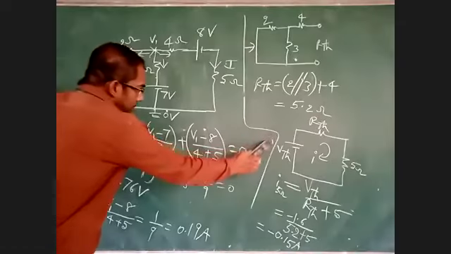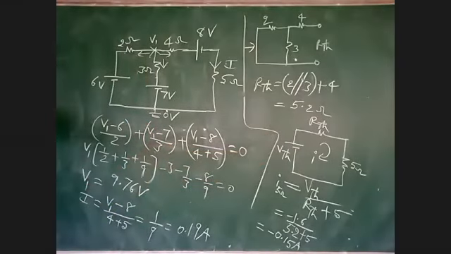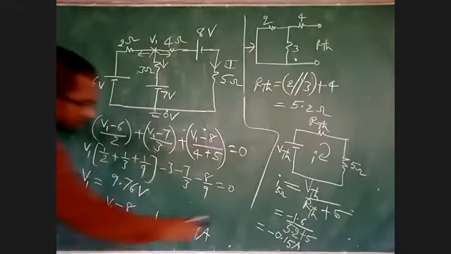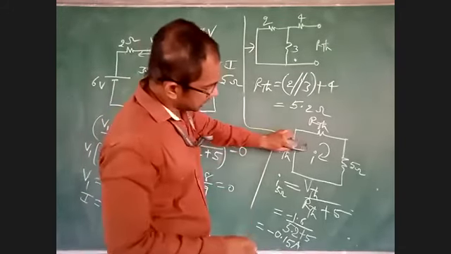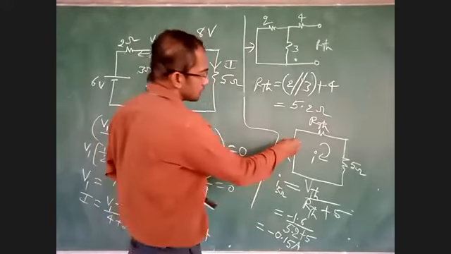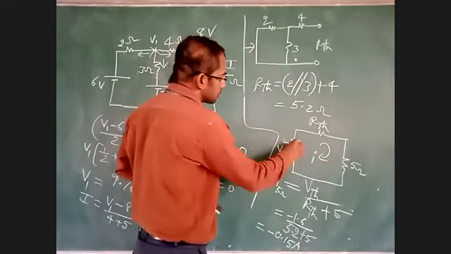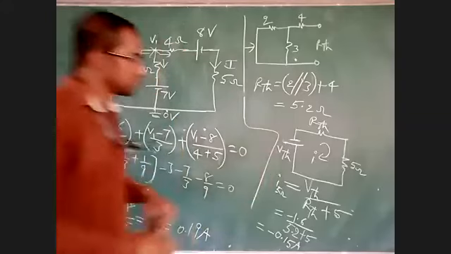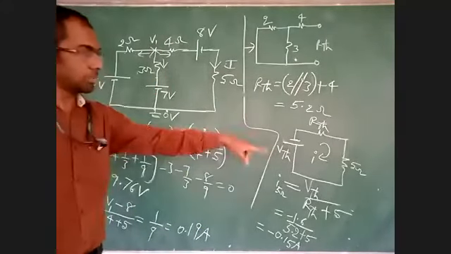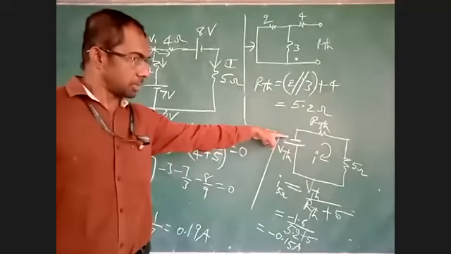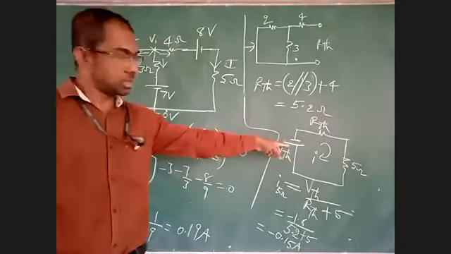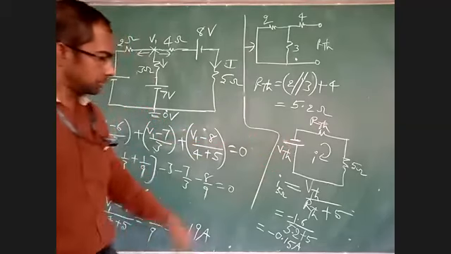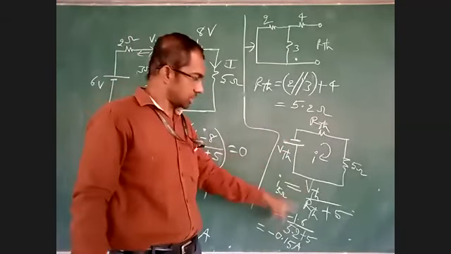See here. Approximately I am getting the same answer. But here you see VTH we are getting negative. In the first problem, we had got VTH positive. We had taken the upper terminal positive, lower terminal negative. But in the second problem, we are getting VTH minus 1.6.